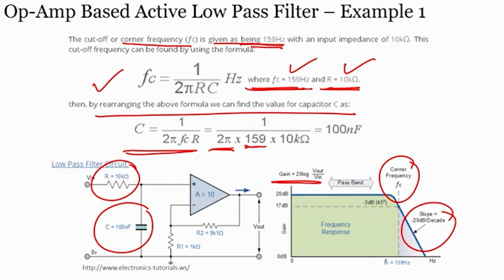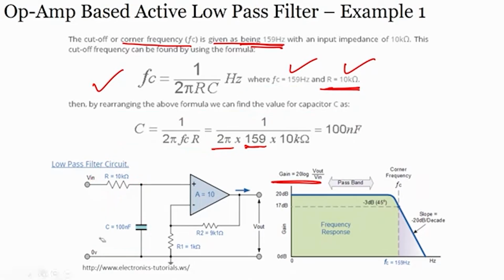If I use double pole, it will be minus 40. If I go on increasing, I will get this slope close to my ideal value. It will just come closer and closer. So, from this we understood that with the formula that we have, we can design a low pass filter.